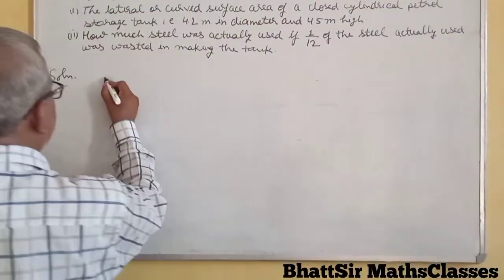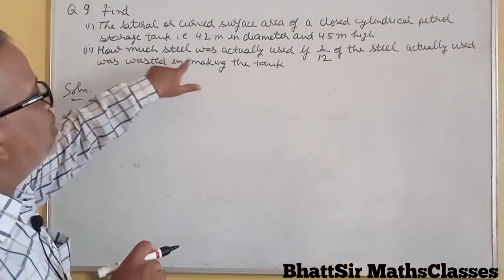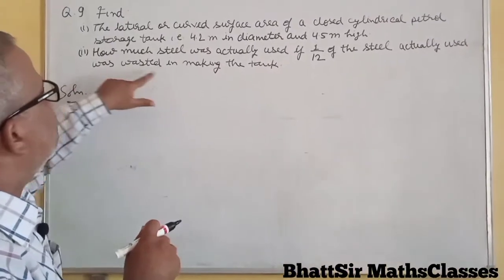Second part. How much steel was actually used if 1 upon 12 of the steel actually used was wasted?